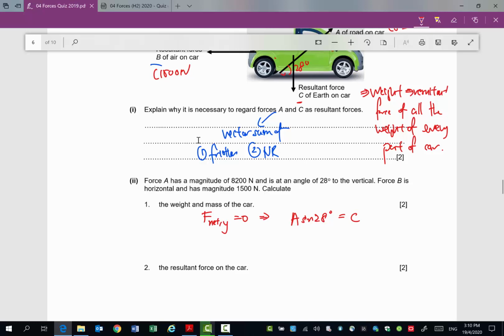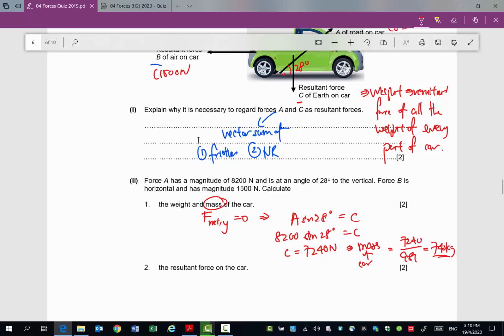So 8,200 sin 28 degrees equals C. Pressing the calculator, I get the weight of the car to be 7,240 Newton. Then we also need to find the mass of the car. The mass is 7,240 divided by 9.81, giving me 740 kg.